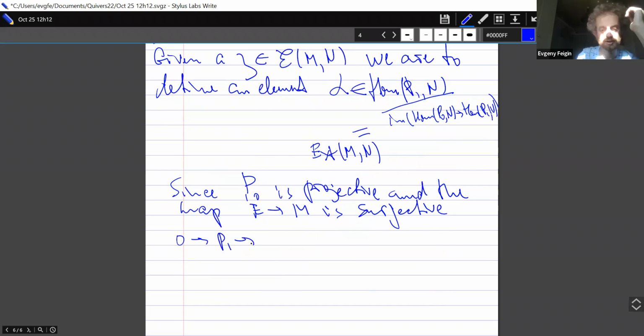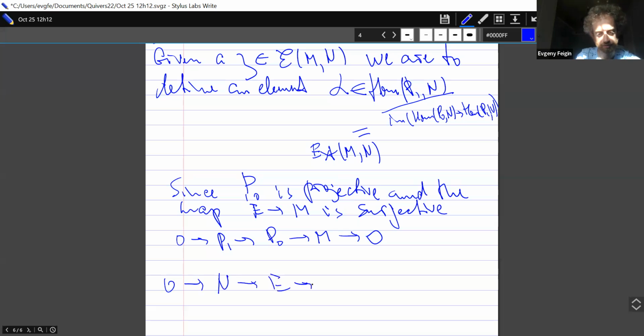M is just the same module, so we can consider the identity map.